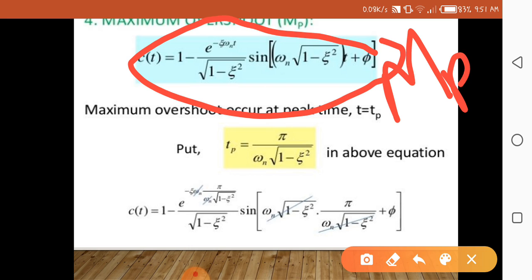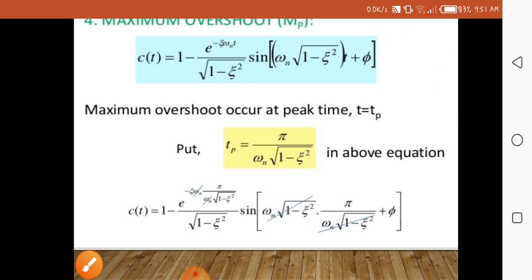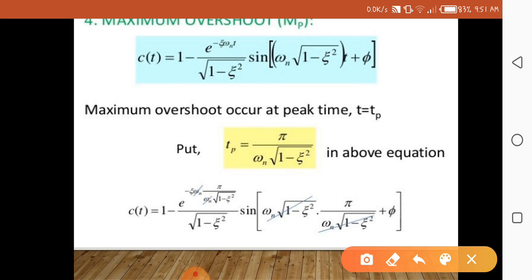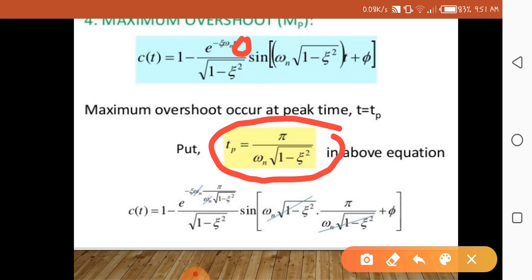So the maximum overshoot occurs at the peak time t equals Tp. So Tp is pi by omega n root 1 minus zeta square. After solving this, we put the value of Tp, that is the peak time, in this equation.